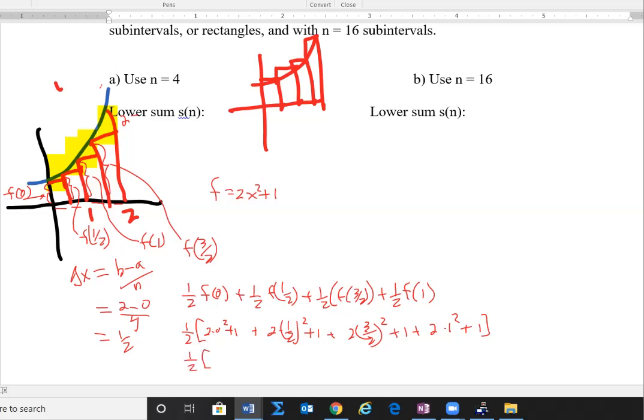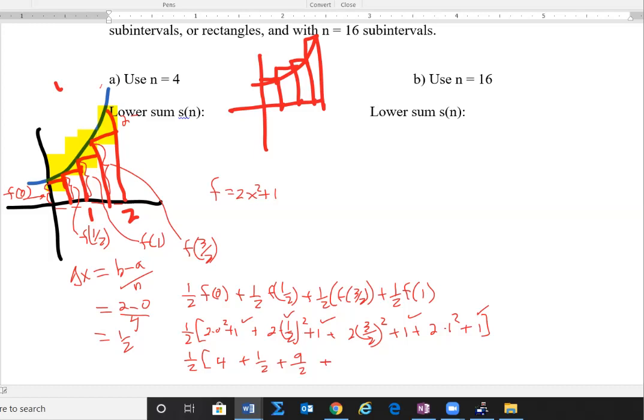Okay, so let's continue in here. We can make this simple. We got 1, 1, 1, and 1. That makes 4. Might as well get those out of the way. And then we've got 0 here. Here we've got 2 times 1/4, which is a half. And then here we've got 2 times 9/4, which is 9/2.